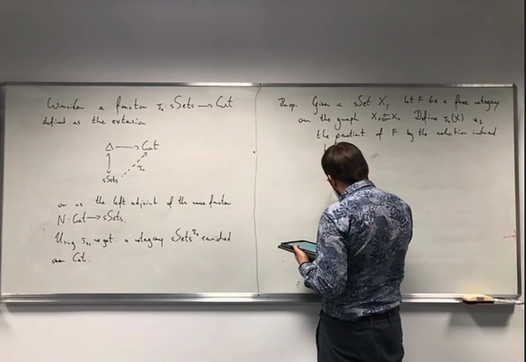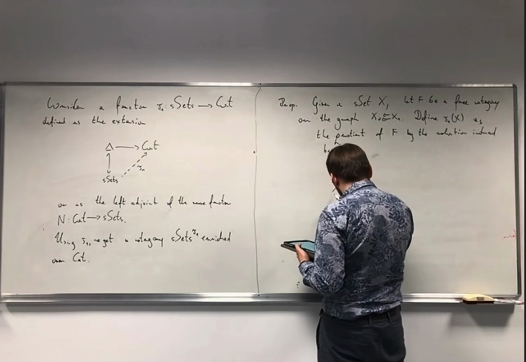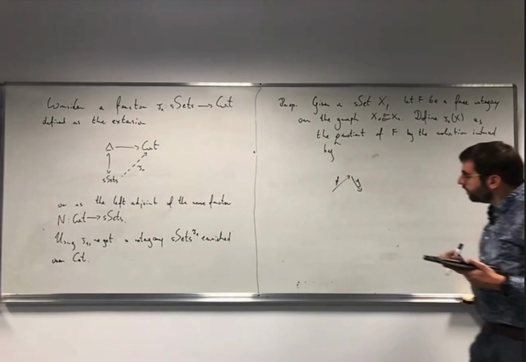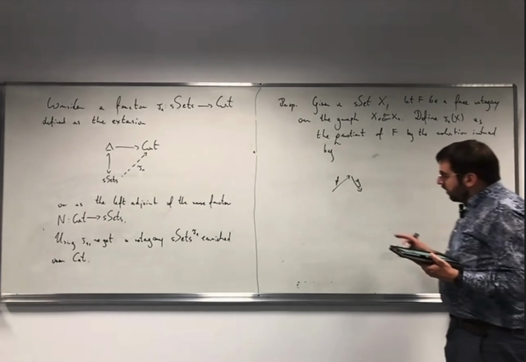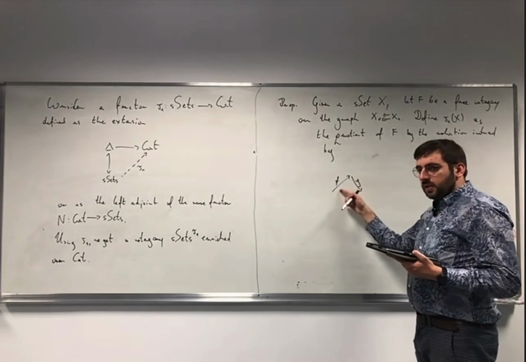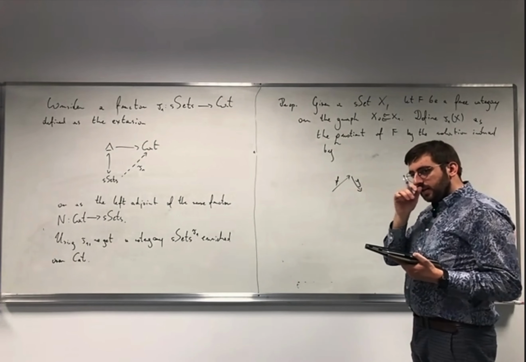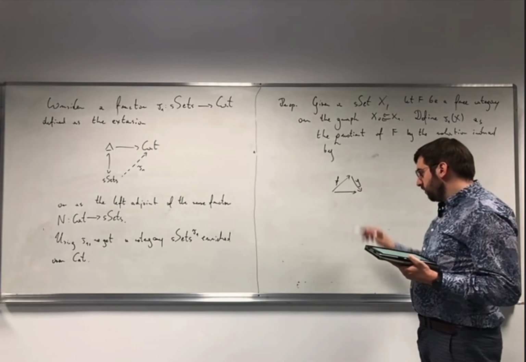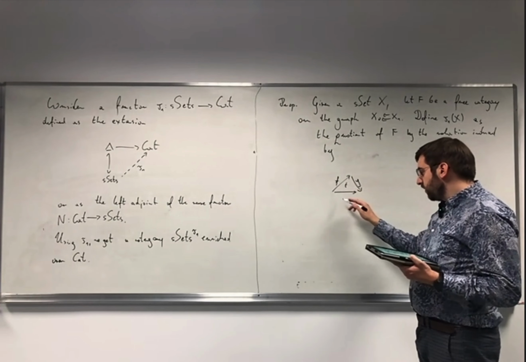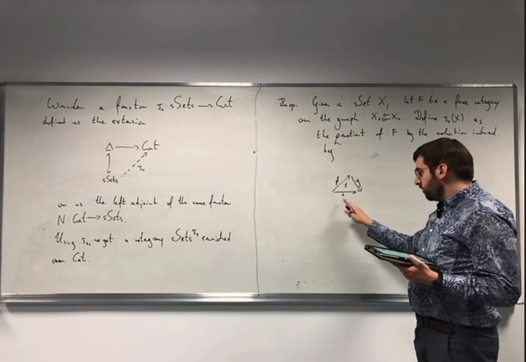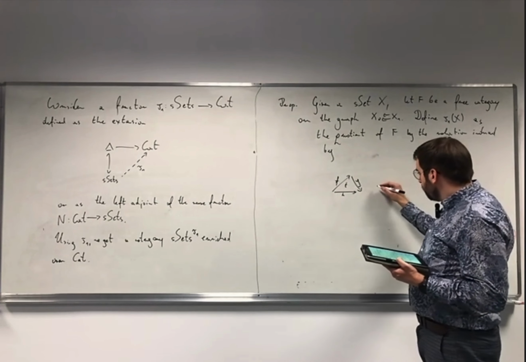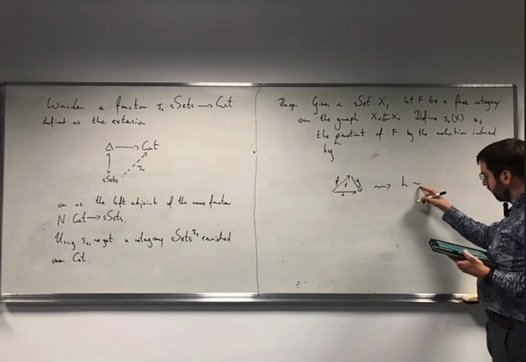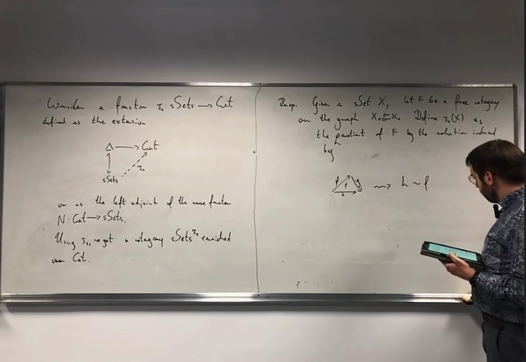If we have two edges, f and g, in my free category F, I defined the composition, so I kind of artificially added the composition. And this is supposed to be a 2-simplex. So I have another map, say h, and this h will be in a relation with g composed with f.